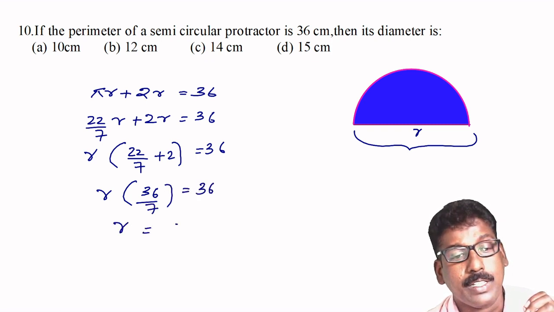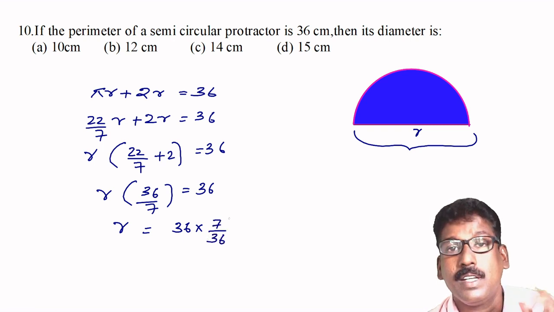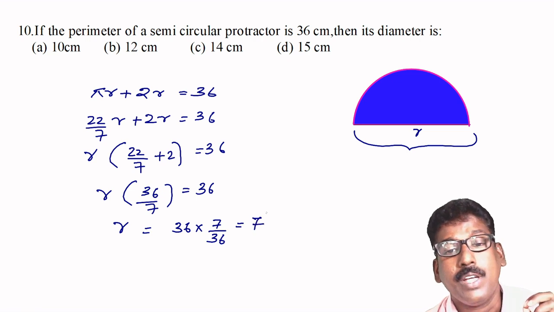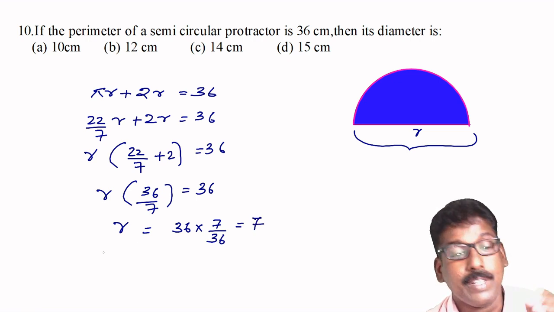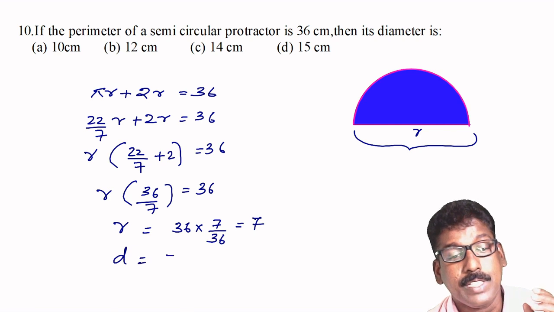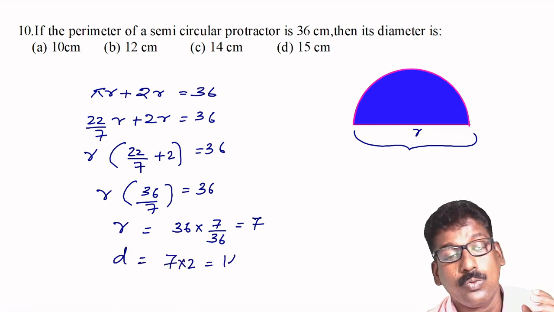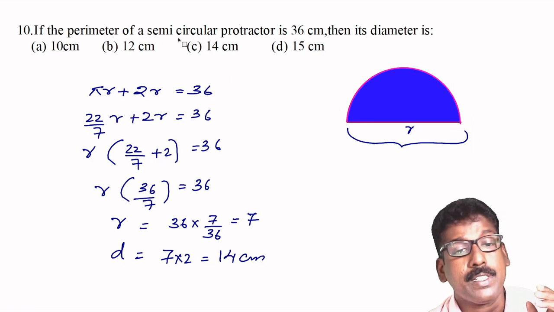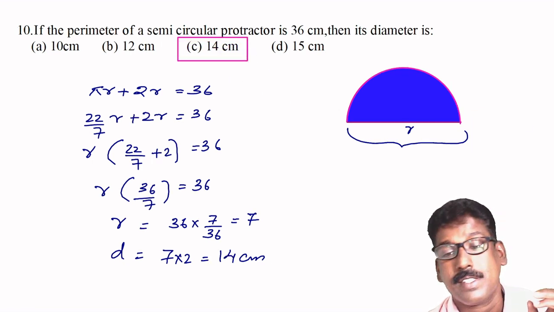So r you can write as 36 into 7 by 36. 36 cancel. So it is 7. Now the radius is 7. So what is the diameter? Which is equal to 7 into 2, which is equal to 14 centimeter. Therefore, the correct option is C, 14 centimeter.